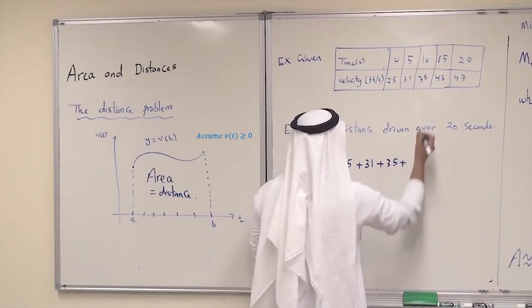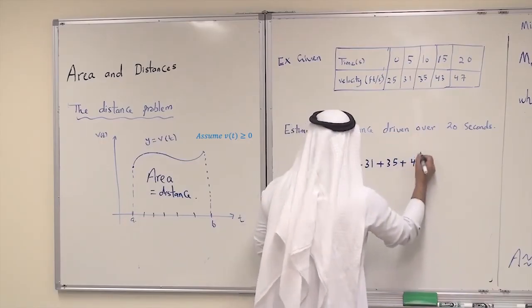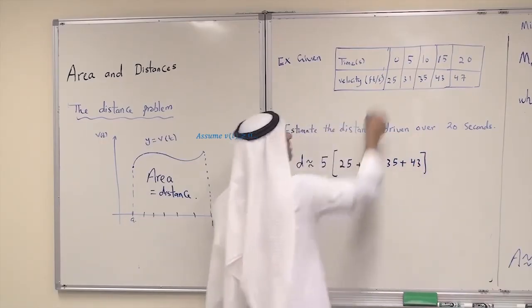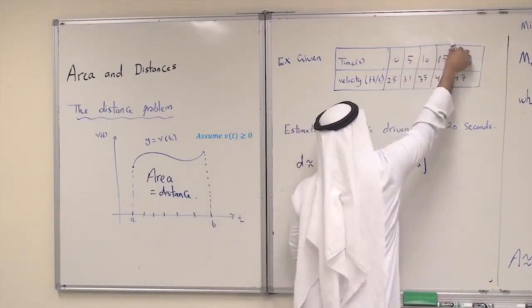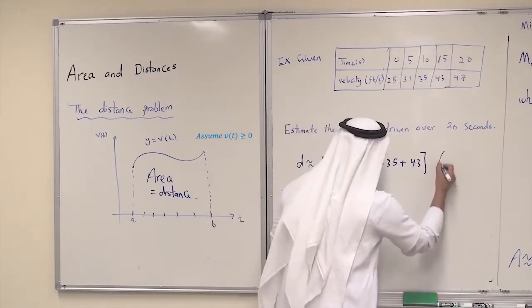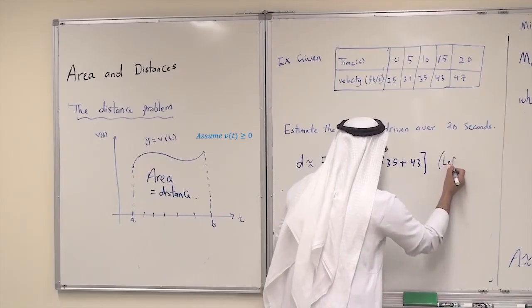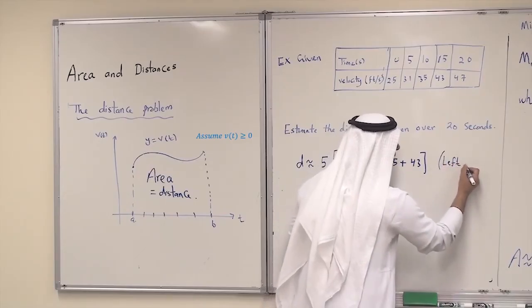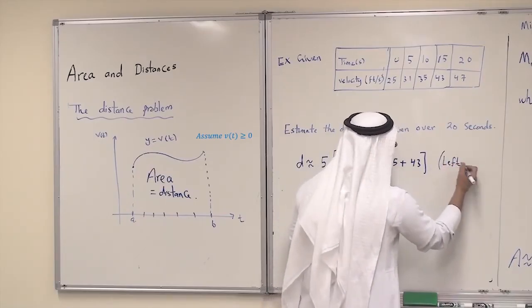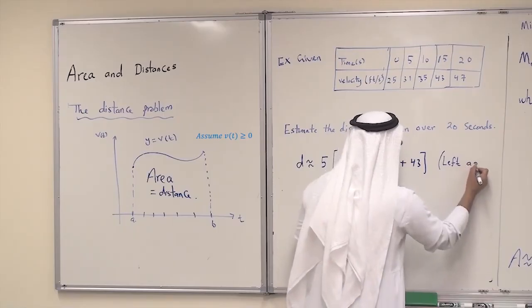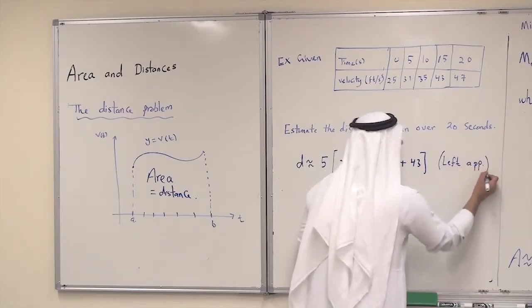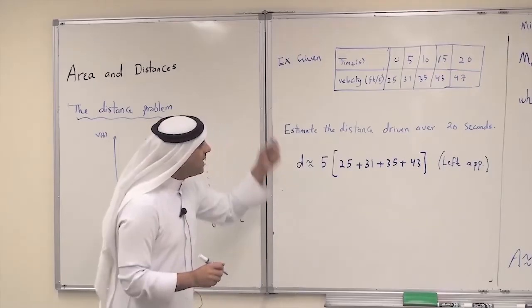Plus, at the last one, I choose 43. So I have 4 subintervals. This is what we call the left points approximation. I'm taking the velocity at the left point.